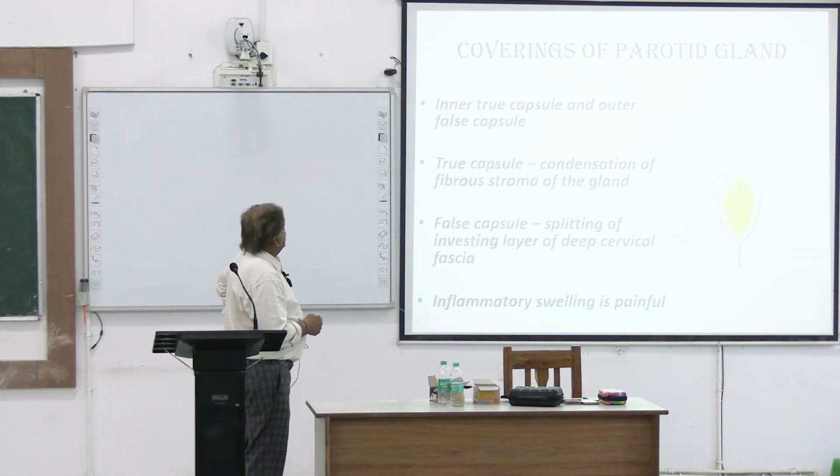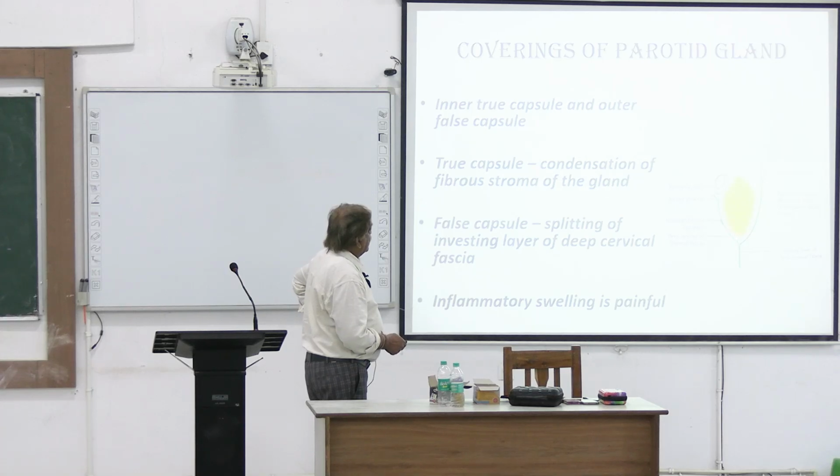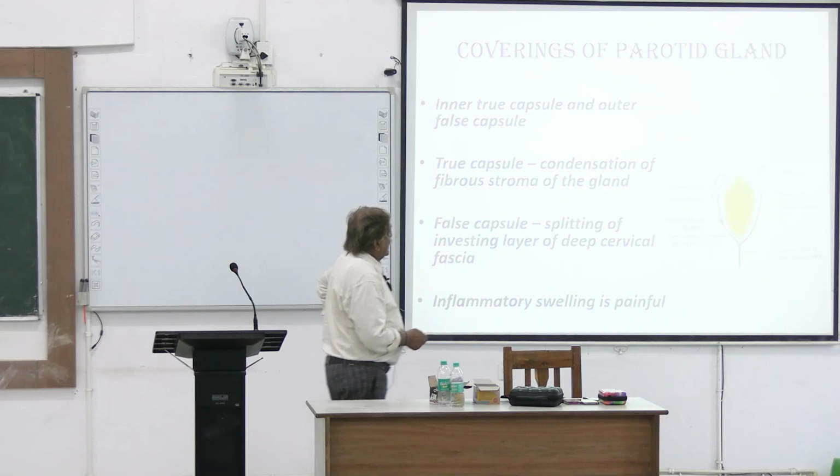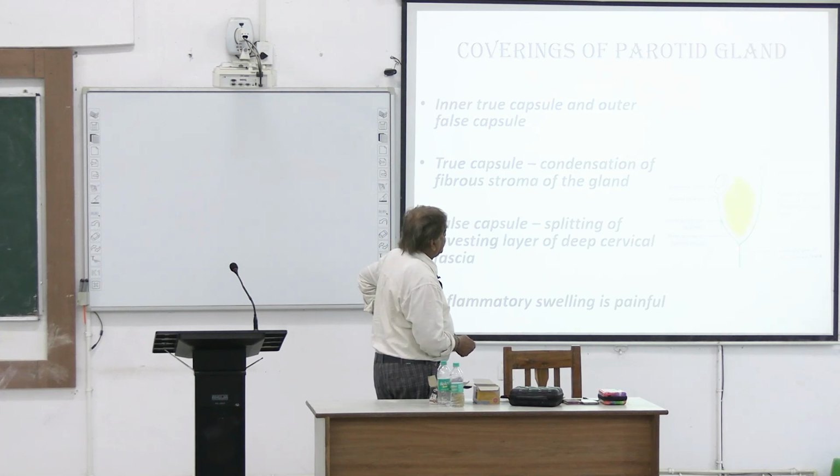Now, inner true capsule and outer false capsule. Now, this is the zygomatic arch, this is the tympanic plate, the styloid process, and you see the stylomandibular ligament, deep lamina of parotid fascia, and zygomatic arch, superficial lamina of parotid fascia, investing layer of deep cervical fascia.